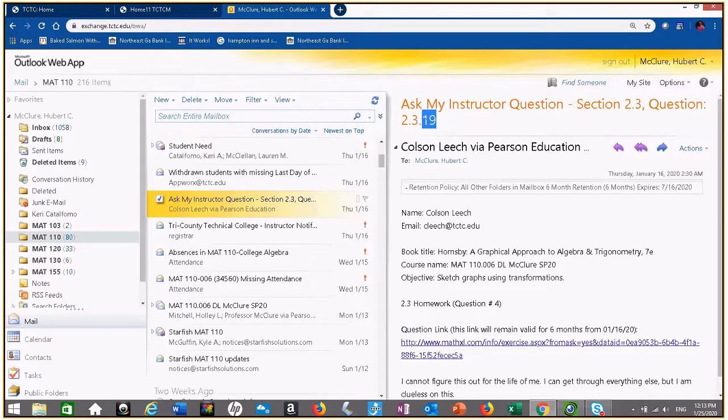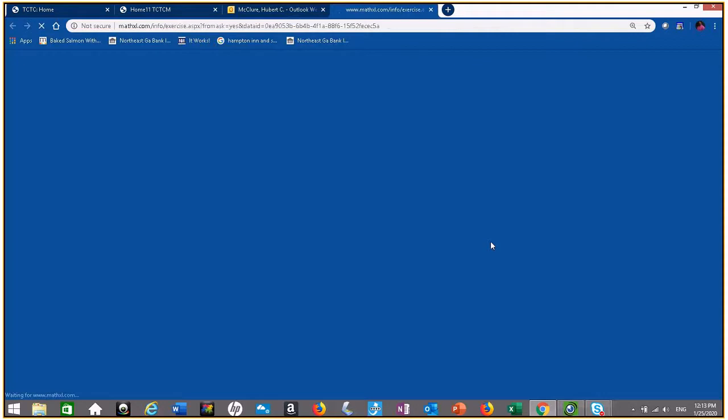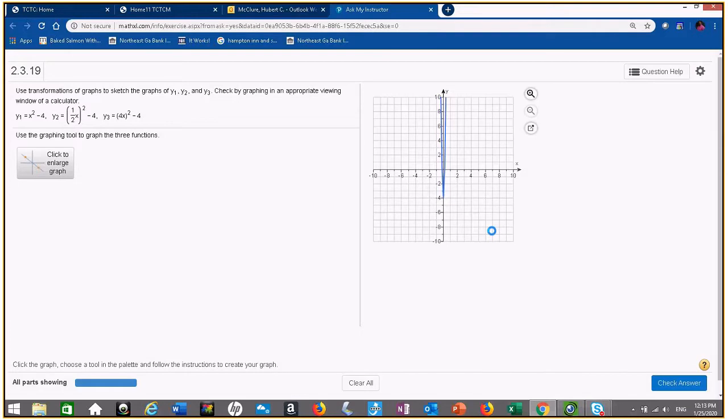That's the 19th problem in the book in 2.3, and it's number 4 on the 2.3 homework. So I'm going to click on it and let you look at it. Pause the video so you can write it down, and you'll see it again on the paper when I pull it up. There's the problem.